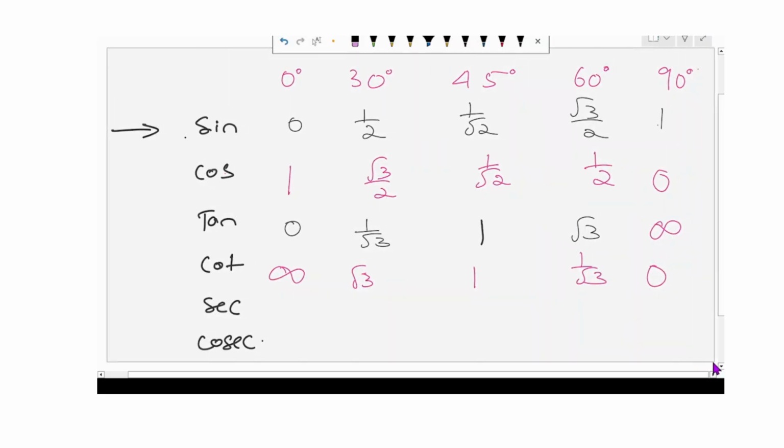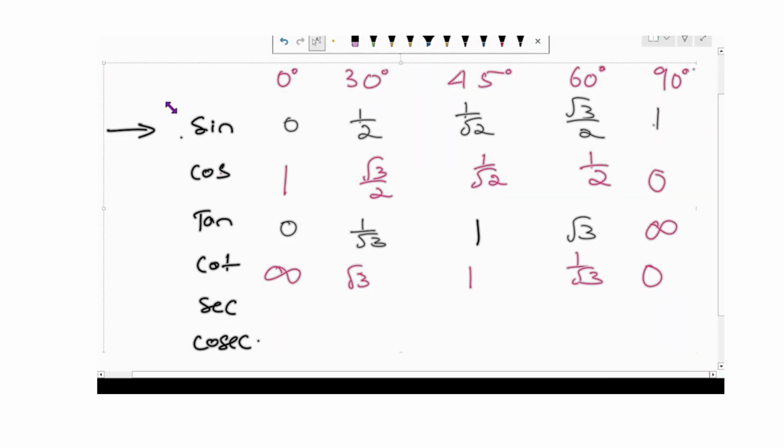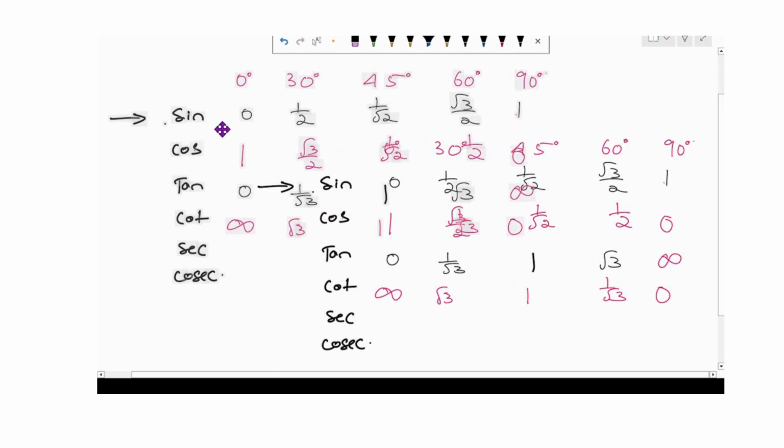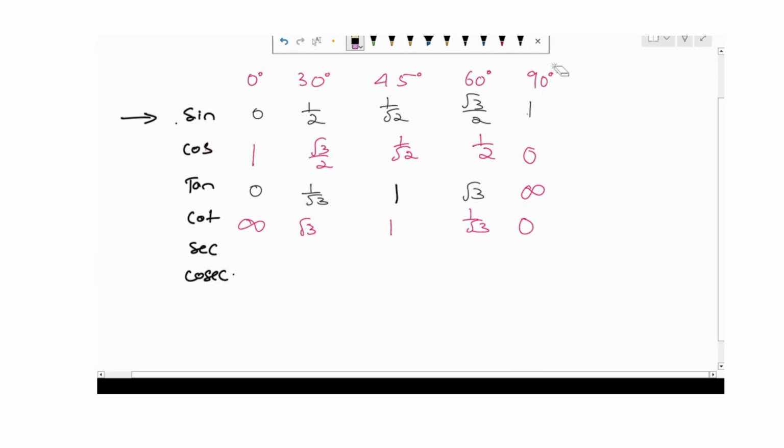Fine. So we have completed 4 trigonometry ratios. Next, moving on to the next ratio, that is sec. So here I want you all to remember 2 values, that is sec is equals to 1 by cos. Sec is nothing but the reciprocation of cos. The meaning of reciprocal is numerator by denominator.